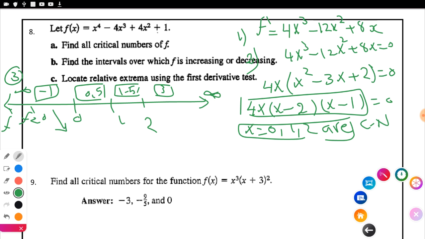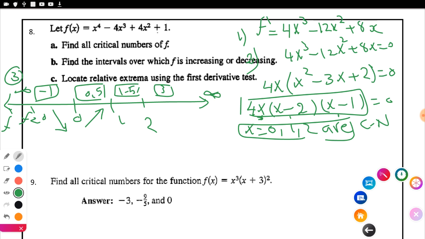Here 0.5 positive, the first factor positive, second factor negative, third factor negative, 2 negatives, it will be positive. You can use a calculator, but here 0.5 positive. 0.5 minus 2, it will be negative. Here, multiply positive, it will be negative.